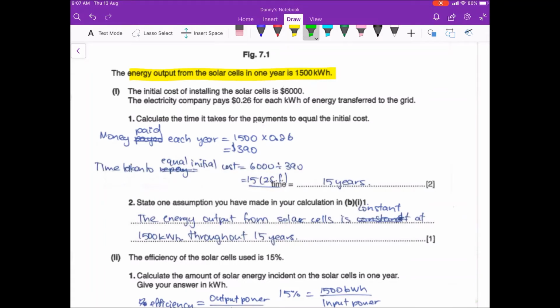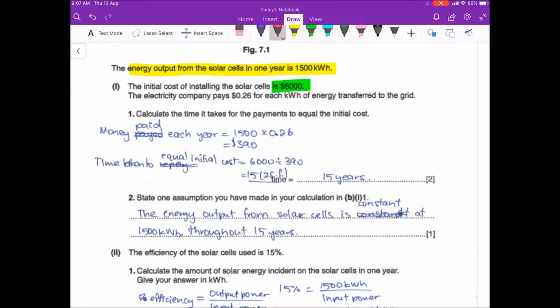So the installation cost is given as 6,000, and basically your solar panel will be generating electricity for you, which is worth $0.26. So now you can see what the student did. Money paid each year. I think what he means is money earned.